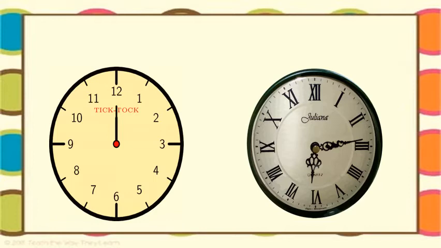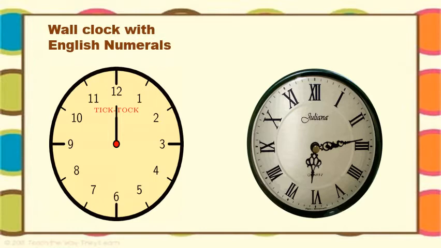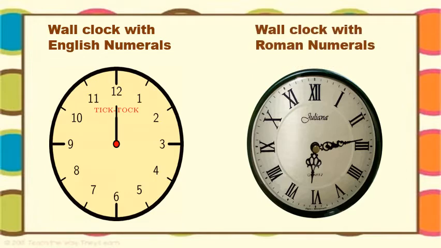And I know that you can read the time very well. Correct? Now, in the first watch, the numbers are in English numerals. And in the second wall clock, the numbers used are nothing but Roman numerals.